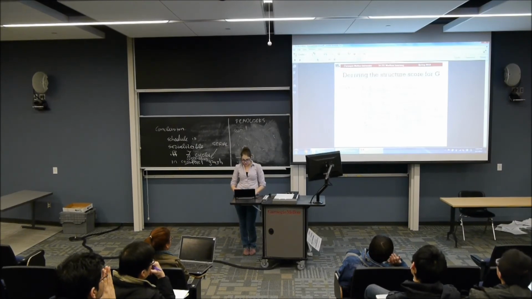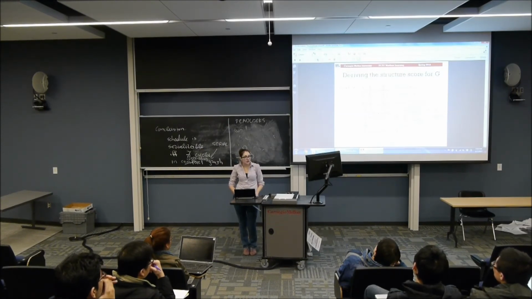Then using the definition of marginal distributions, we get that the log likelihood of a structure G is the sum of the mutual information between each variable and its parents, minus the entropy of that variable. You can go over the derivation at home, and you can see that this makes sense.